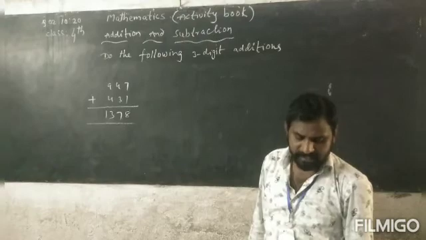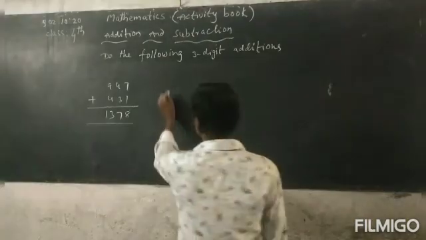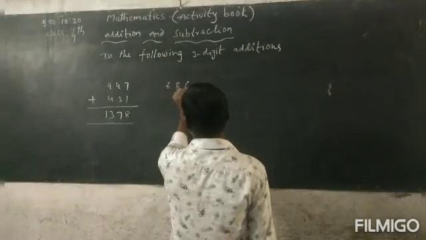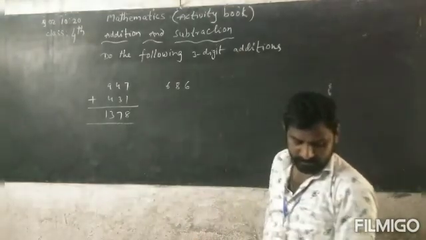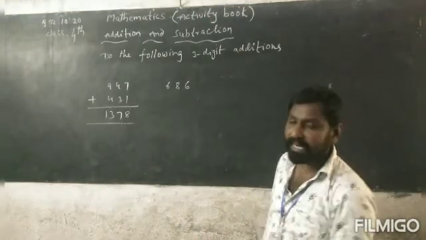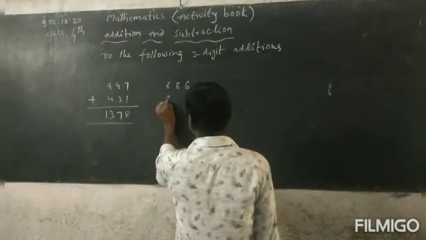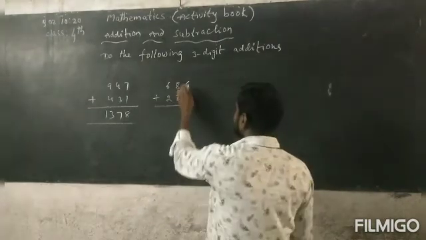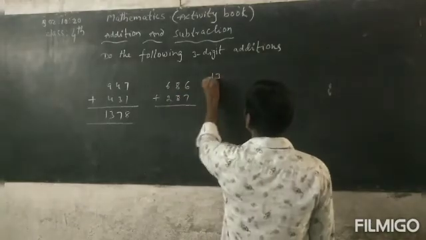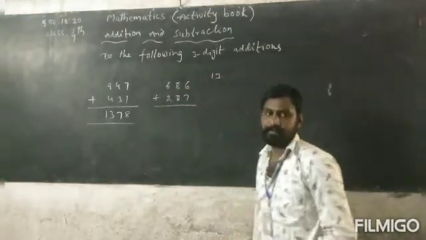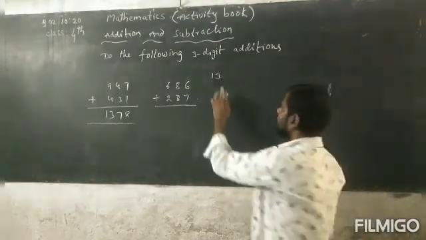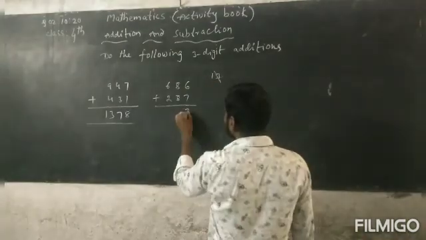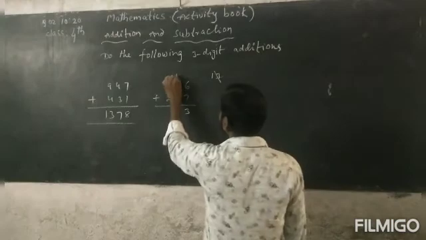Next 686 plus 287. First we add the digits in ones place, 6 plus 7, 13. 13 is a 2-digit number. So 3 is taken and written right under ones place, 1 is carried to tens place.